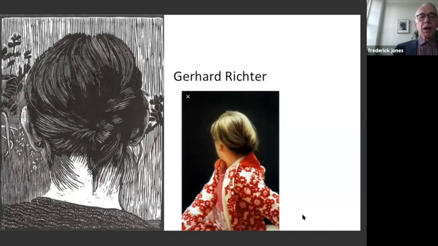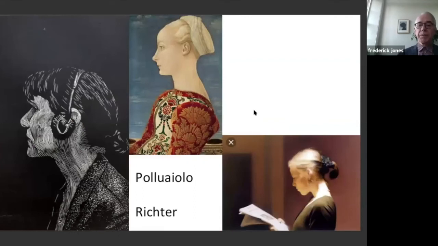Okay, now here, this is rather a different level of consciousness. Behind the pictures of people attending the presentation, there is a painting, The Reader by Gerhard Richter. It's a female figure reading, and it's got a connection, obviously, with Vermeer. But what I'm interested in is the tradition of Renaissance left-facing female portraits.